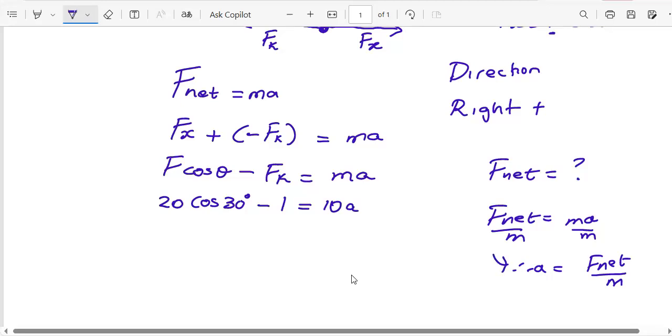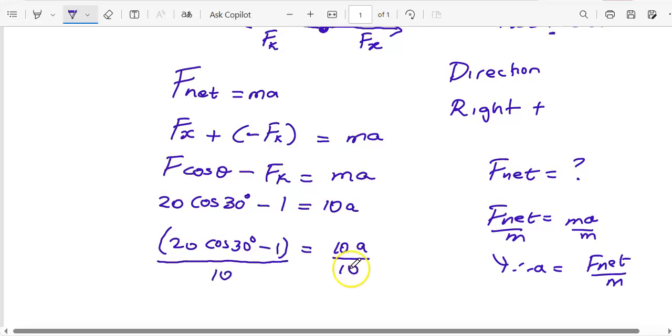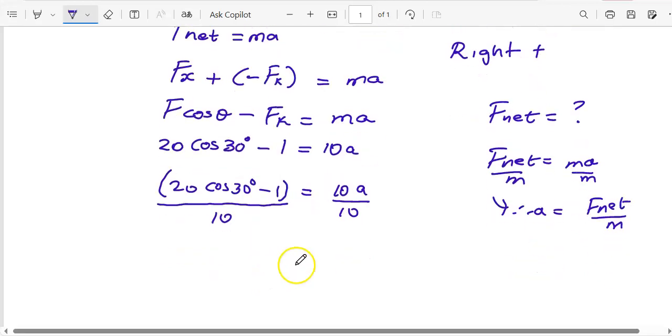So now, to isolate A, you need to punch 20 cos of 30 degrees minus 1, everything inside the calculator. The answer that you get, you need to divide it by 10 to get your acceleration.